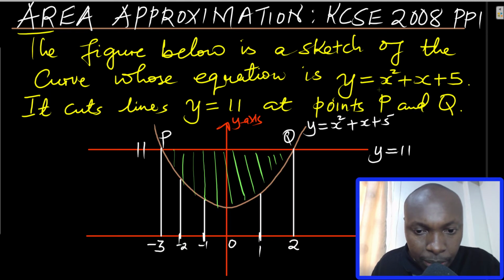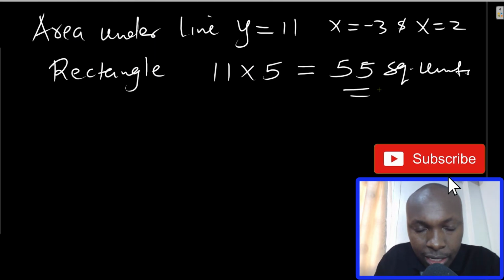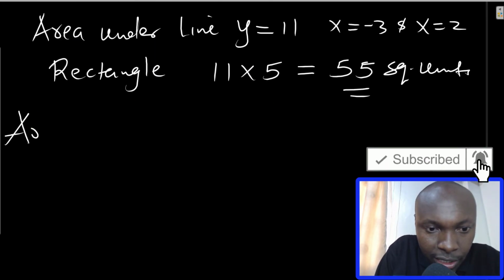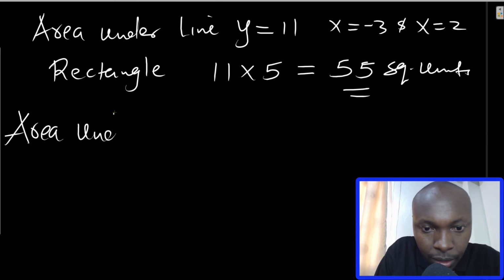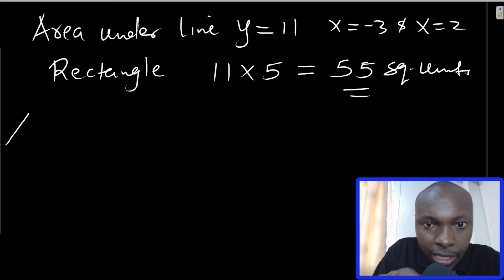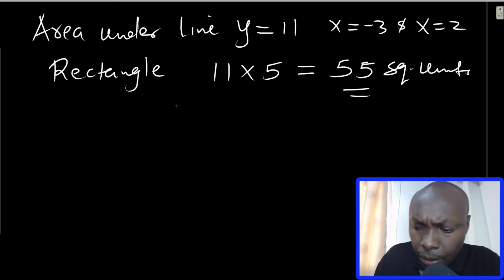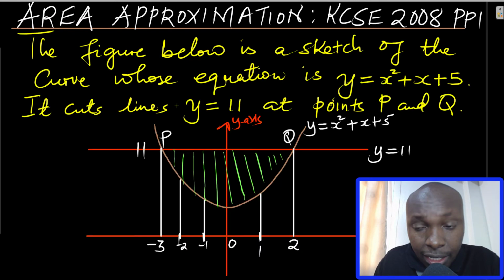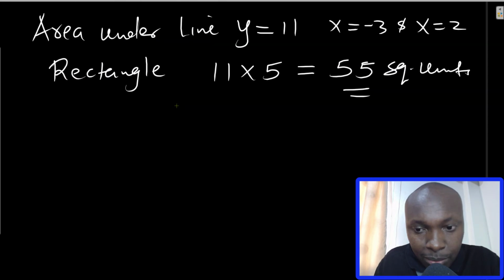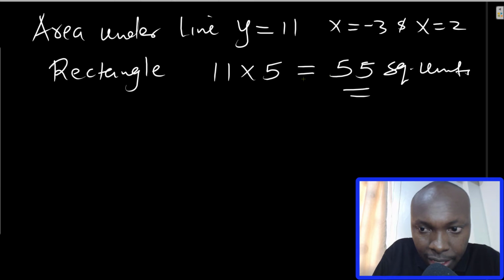Now that we have the area under the curve and the area under the line, to get the area bounded by the curve and that line, we shall get the area under the line. The area bounded by the line y equals 11 and the curve will be the area under the line, which is 55 square units.